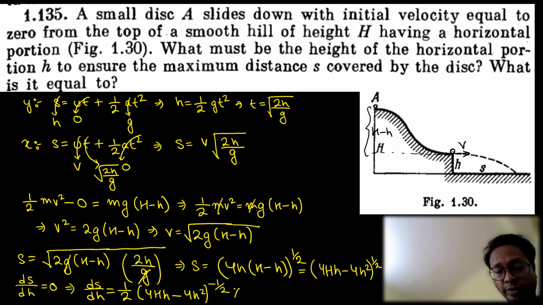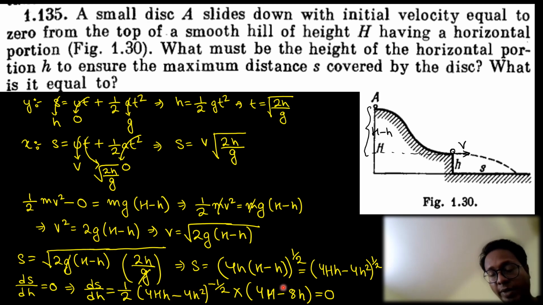Now I go inside the bracket into 4H minus 8h, which should be equal to 0. For maximum, ds by dh should be equal to 0. Obviously if this term is equal to 0, the entire term comes to infinity, because minus 1 by 2 will go to the denominator, no?